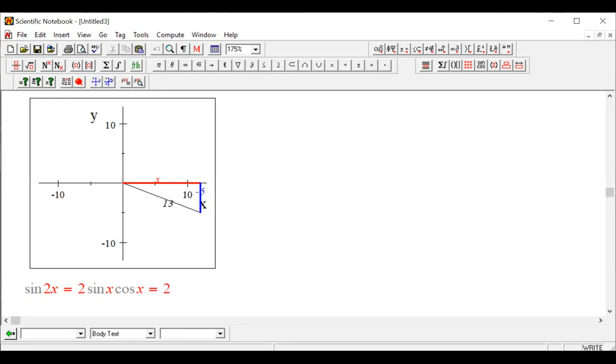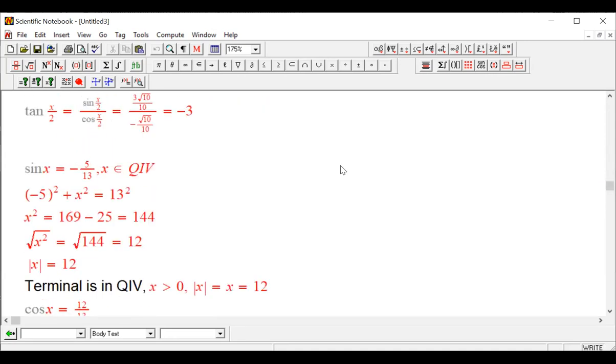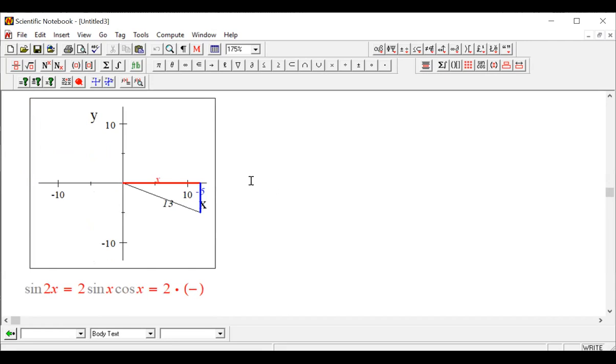Plug in the numbers. Sine is negative, negative 5 over 13, sorry. Cosine is 12 over 13.